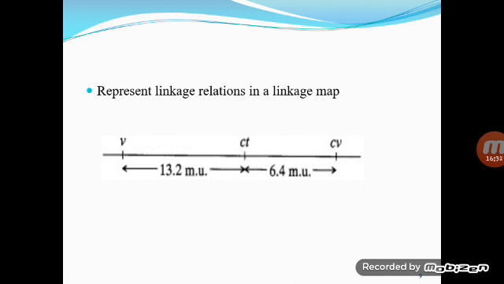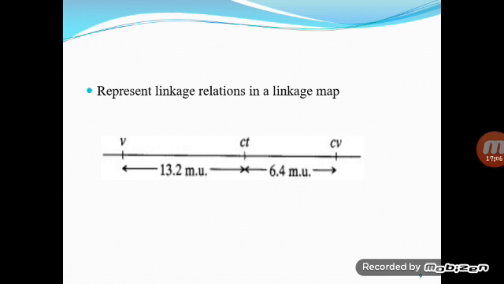Next step is to represent linkage relations in a genetic map or linkage map. So we can show these genes in the proper order with their recombination frequencies, that is actually their distance. So V to CT is 13.2 mu, CT to CV is 6.4 mu.